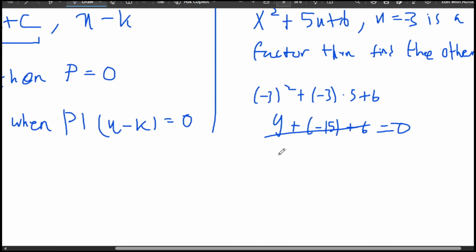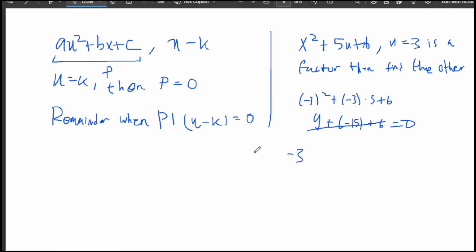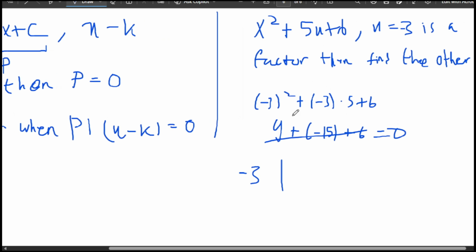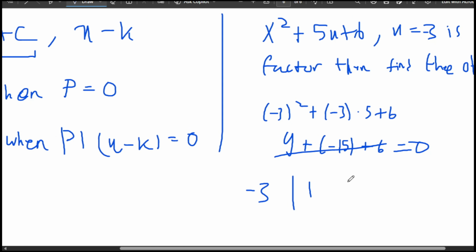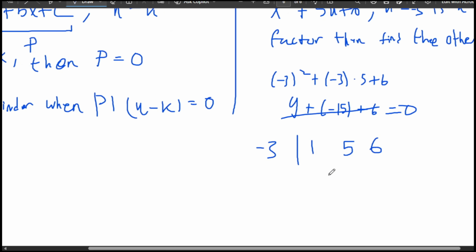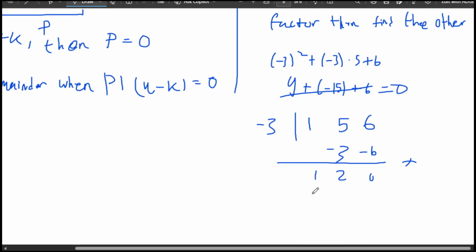So what we have here, x plus 3, to find the other factor, 1, 5, and 6. Then we have 1, 5, negative 3, so it will be 2, and negative 6, and 0. So we have 1, 2, right?